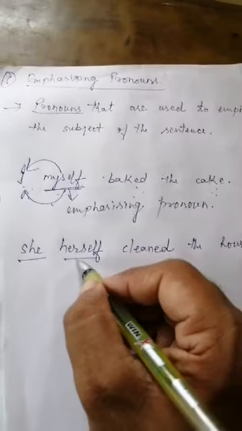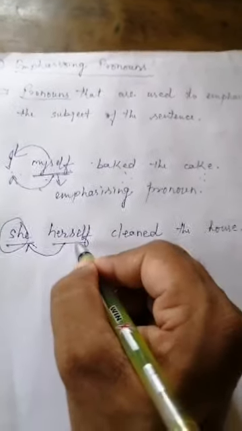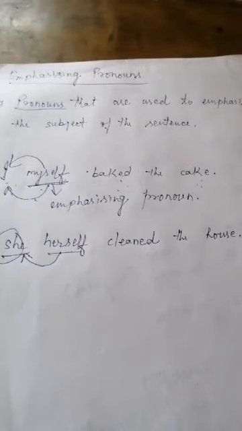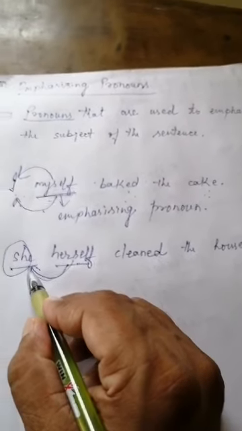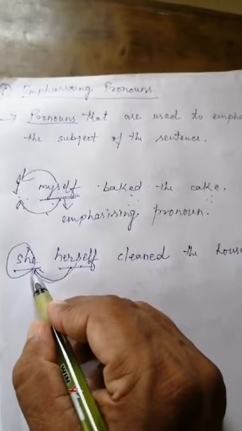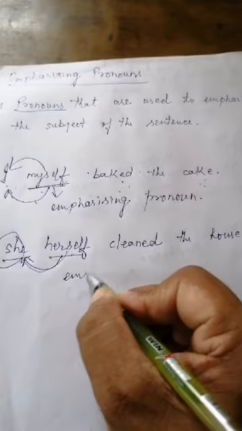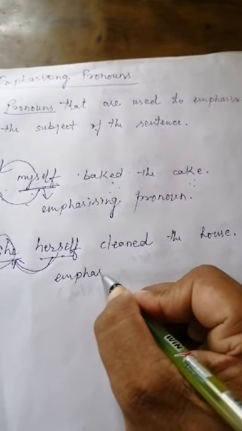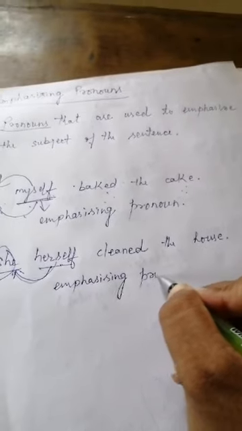Herself is emphasizing she, the subject. She herself cleaned the house. उसने खुद ही घर को साफ किया. तो यहाँ पर herself जो है वो emphasize कर रहा है she को, subject को. ठीक है, तो इसीलिए ये आपका emphasizing pronoun हो जाता है.